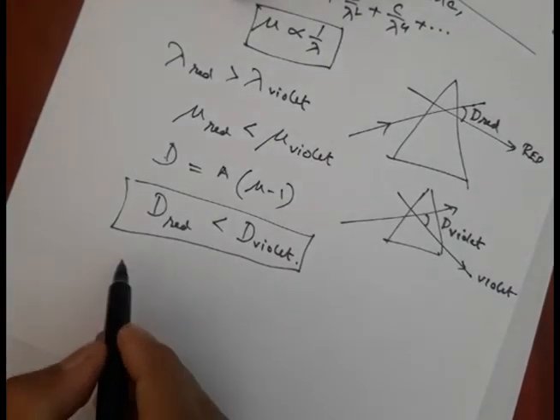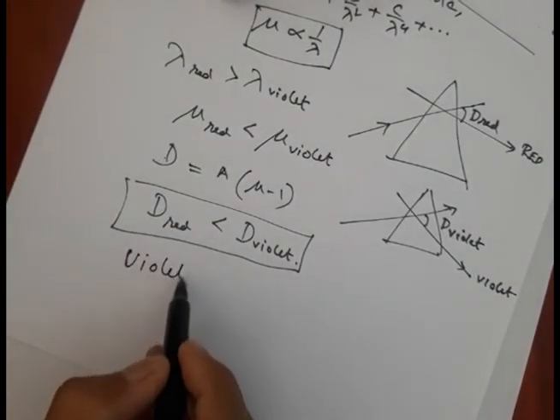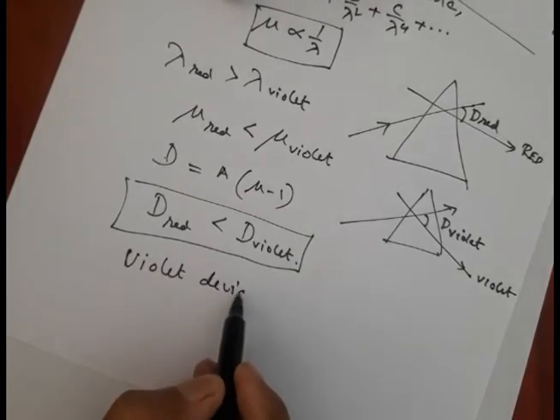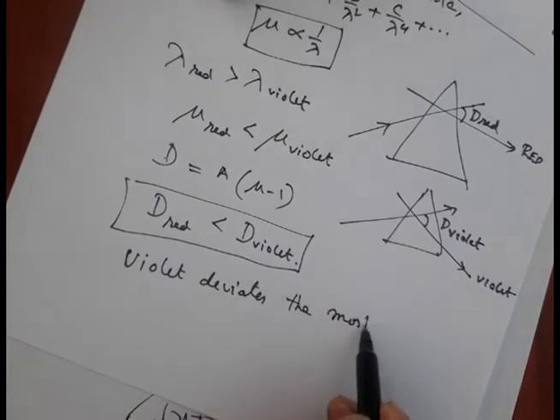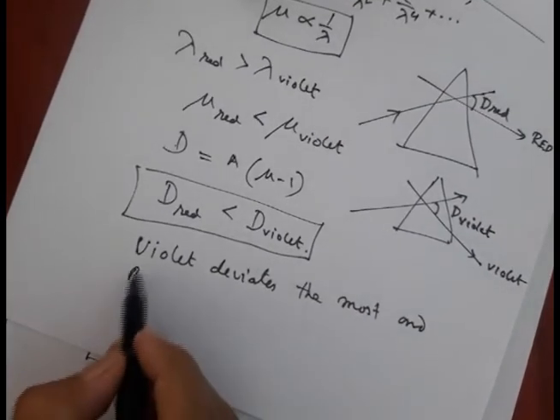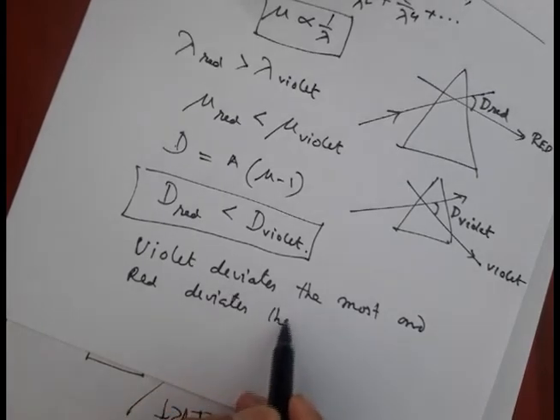So our conclusion is violet deviates the most and red deviates the least.